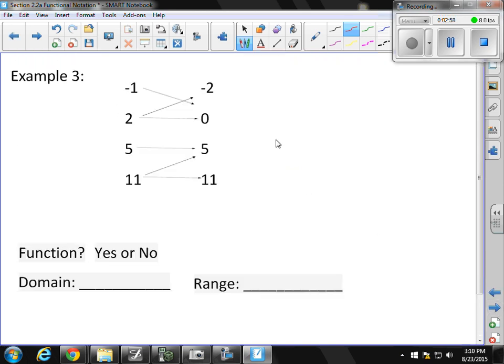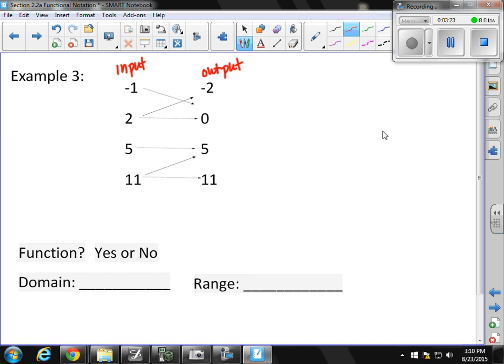Now this is another way to represent a function. You can think of the input as all the elements in the domain, and the output as all the elements in the range. Sometimes we look at functions as sets of points, as graphs, as charts, and other representations as well. So in this one, is it a function, yes or no?